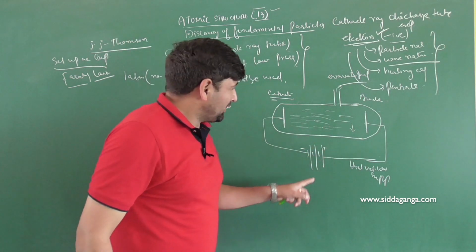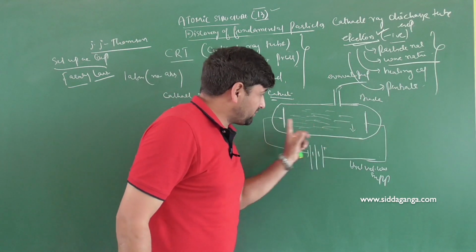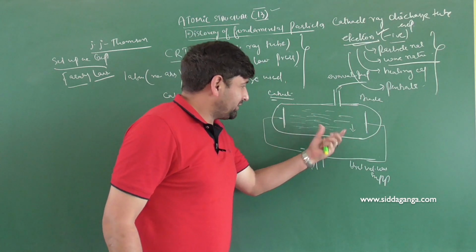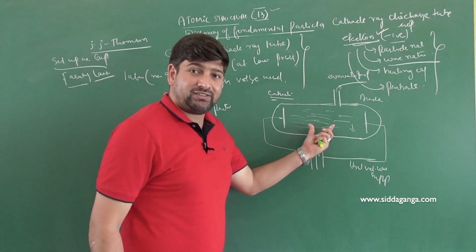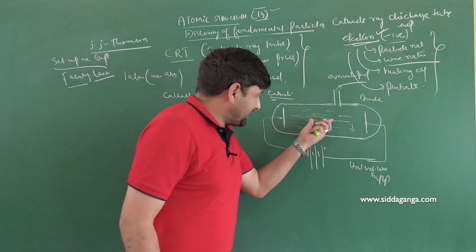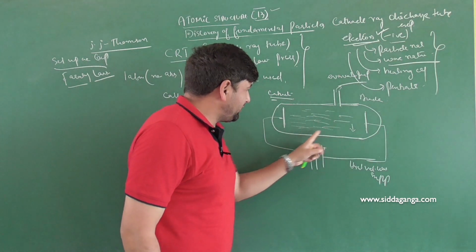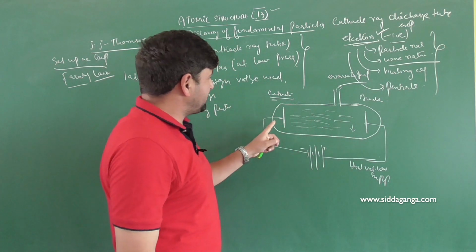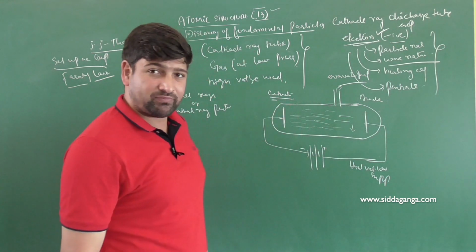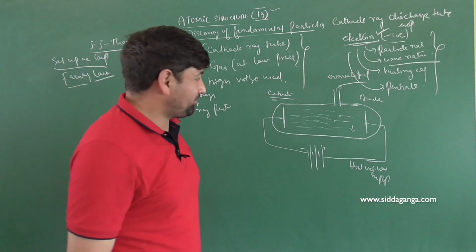As soon as high voltage was supplied, the gas present within this chamber got ionized. And once the gas got ionized, it became a conducting region for these particles which will be starting from cathode towards anode. Am I clear or not?